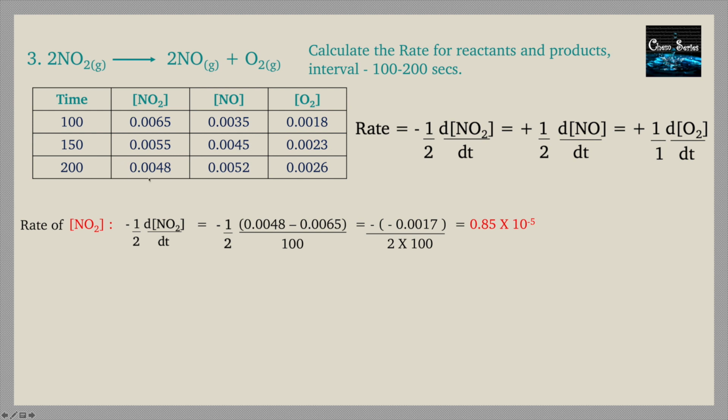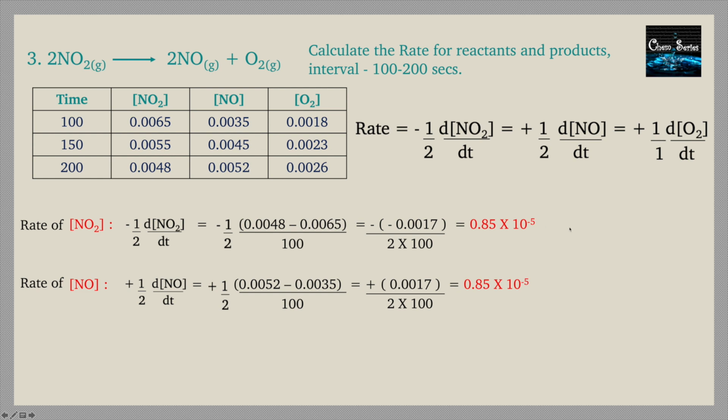You will take 200 seconds first. 0.0048 minus 0.0065 will be your change in concentration of NO2, divided by 100. Why 100? Because dt is the change in time, 200 minus 100. That is equal to minus of 0.0017 divided by 2 into 100, and your answer will be 0.85 into 10 power minus 5 molar concentration per second. Okay.